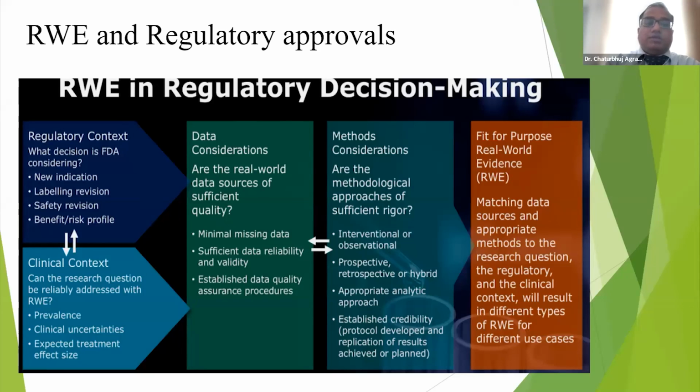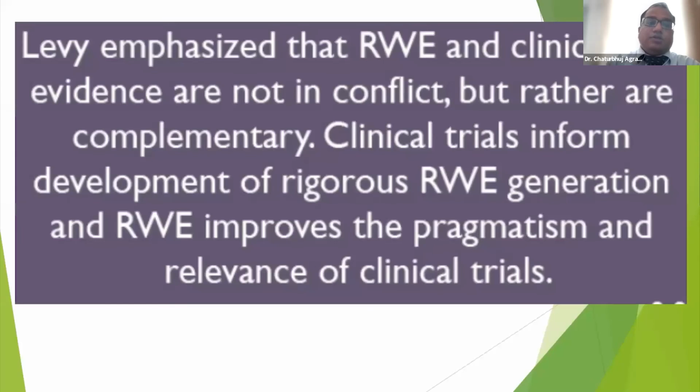Data consideration and methods consideration have to go together. Finally, we come to the conclusion of whether our real world study is fit for purpose or not. Matching data sources and appropriate methods to the research question and the regulatory and clinical context will result in different types of real world evidence for different use cases. But yes, it can be used in regulatory decision making.